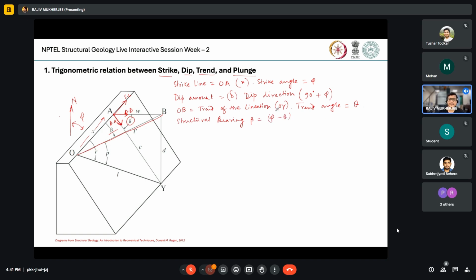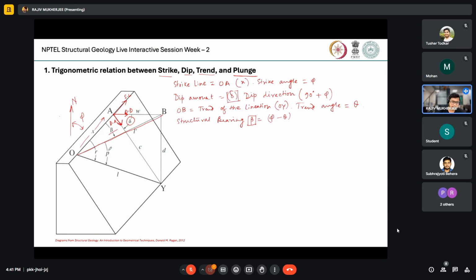Now we have to find a relation between beta, delta, and we also have to find the relation with plunge. So what is the plunge?